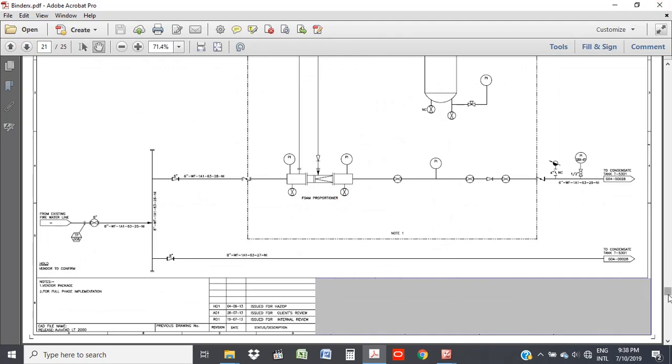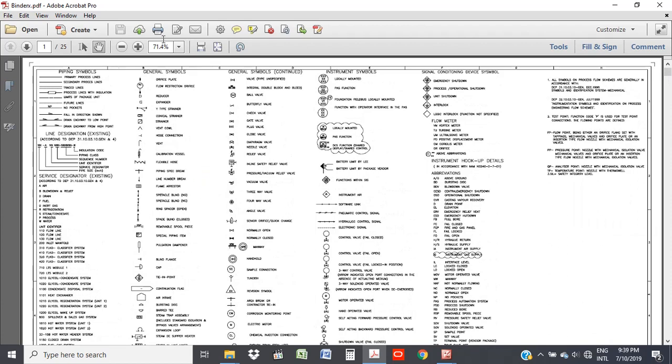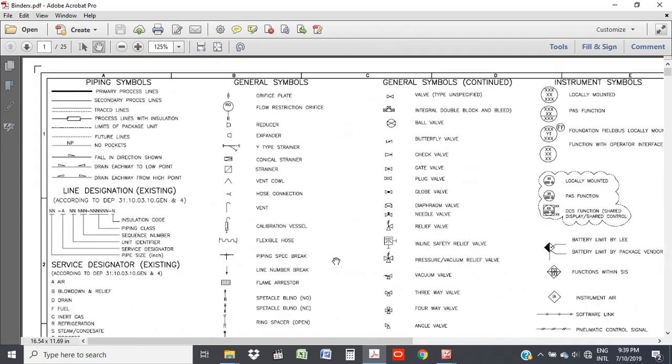Now, it is very necessary to know this when you're in a hazard, because I facilitate hazards, and it's necessary to know these valves and their uses so that when you come across them, you can actually add more value to the hazard by suggesting you add this or remove that, or instead of using this valve that only has this function, you can put a valve that would do two, three more things.